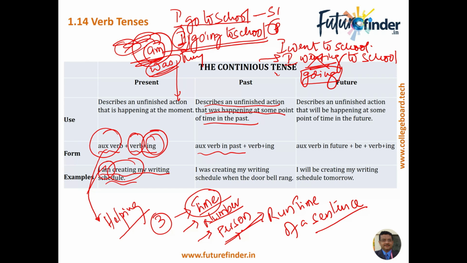I was creating my writing schedule when the doorbell rang. And what about the future? Describes an unfinished action that will be happening at some time in the future, right? Auxiliary verb in the future plus be plus verb plus ing. This is sometimes also used for planned activities.